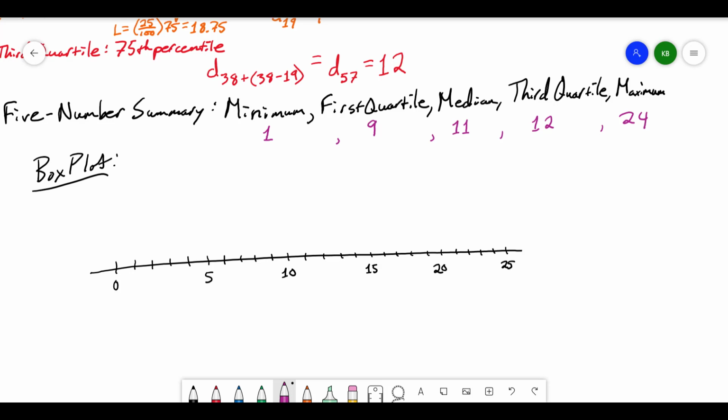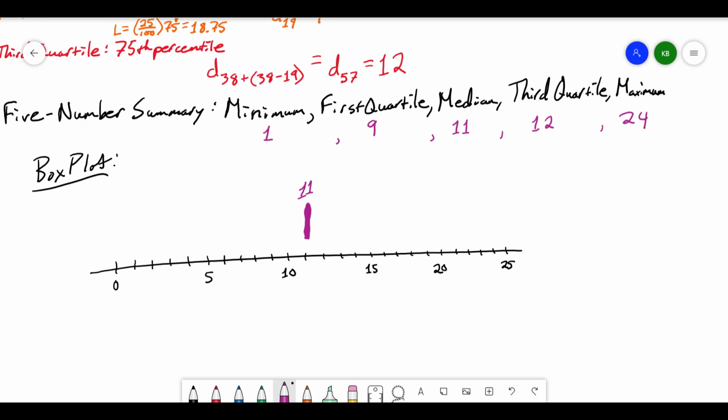So here I am at 11. I'm going to make a vertical bar at 11, and that vertical bar is going to represent my median. I don't make it touch the line, I put it above it. A lot of times I'll label the value that my bar is at. So there it is at 11.